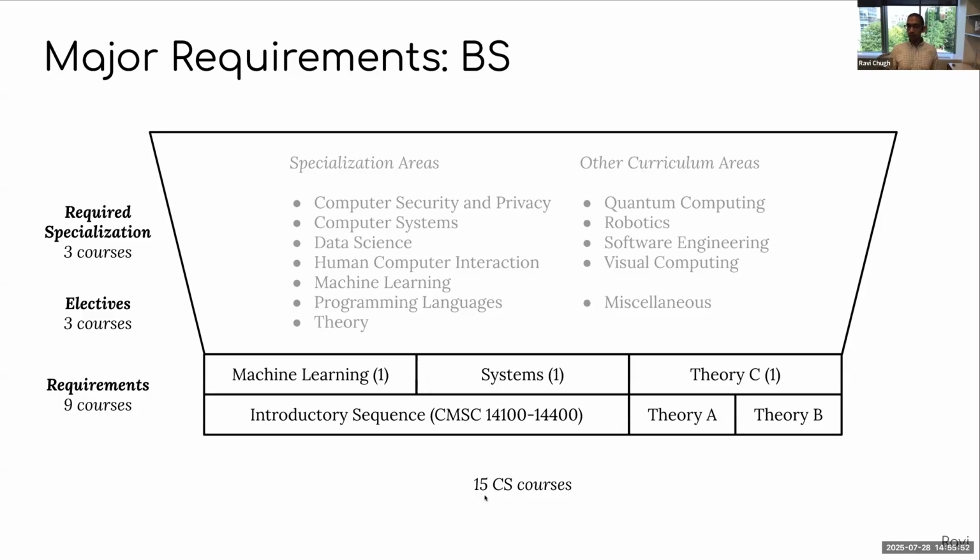Those are some of the interactions between how you satisfy the core requirements and their implications for our major. Those details are also in the catalog. So please have a look through, and then get in touch with your college advisor and us as you have more and more questions.